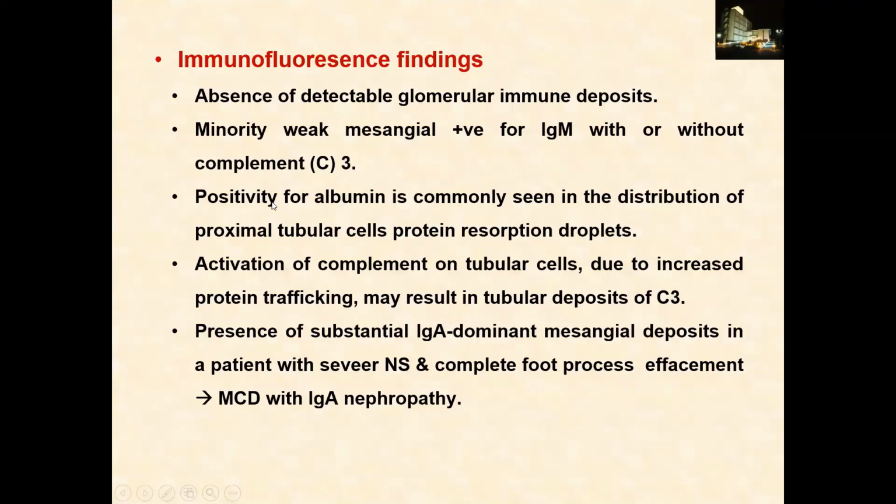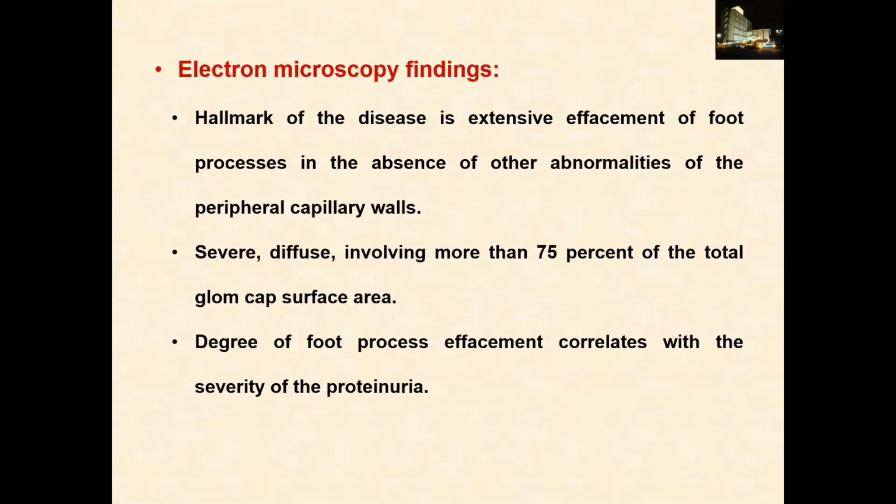The tubules show diffuse positivity for albumin in the distribution of proximal tubular cell protein resorption droplets. Electron microscopy finding: I will not describe the electron microscopy as there is in the schedule a special lecture for electron microscopy, so I will not show any electron microscopy in this talk.